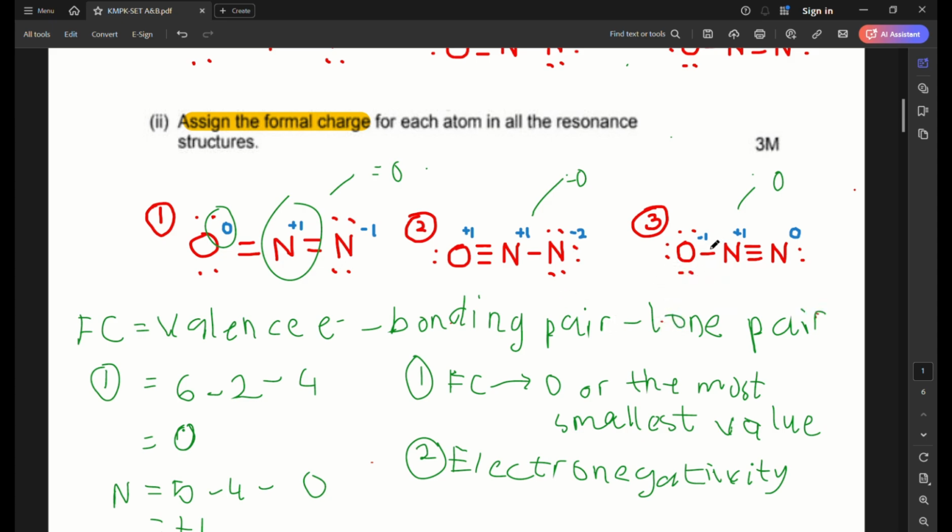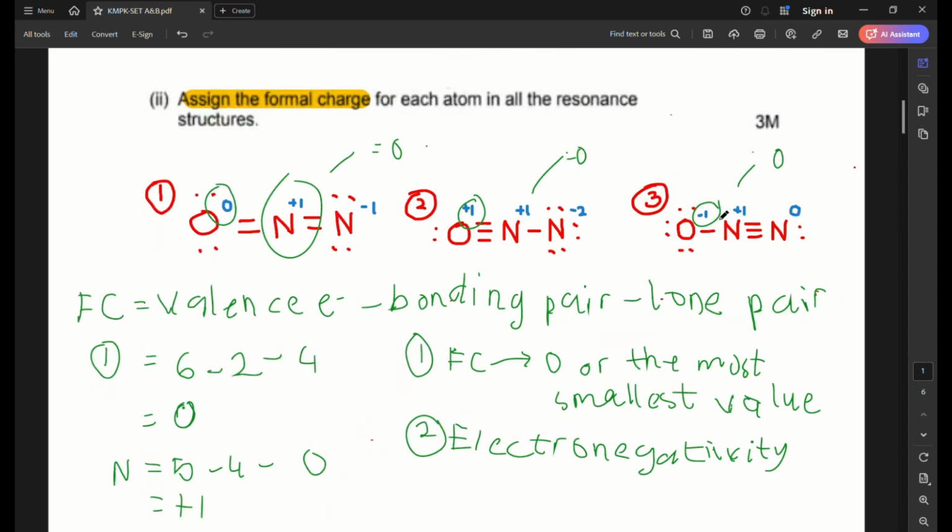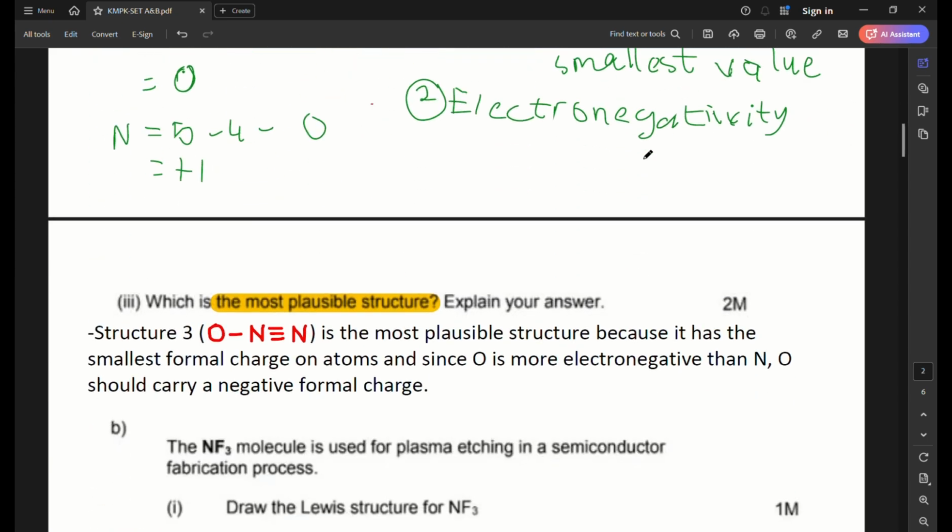As you can see here, the oxygen in the first Lewis structure has 0 formal charge, so it's wrong. But the second one has a positive formal charge. We are looking for a negative because O is more electronegative than N. Hence, the oxygen in Lewis structure number 3 is the correct one. That means the most plausible Lewis structure should be structure 3.